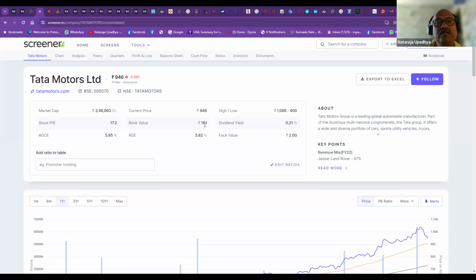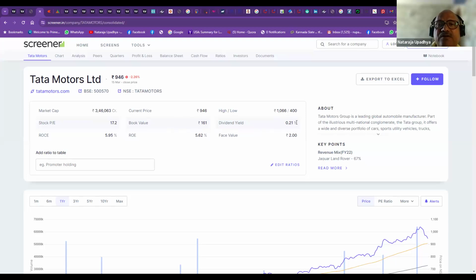So approximately price to book value, that is market value divided by book value, gives you the premium you are paying for this stock. It is comparatively around 6 times, in this case.